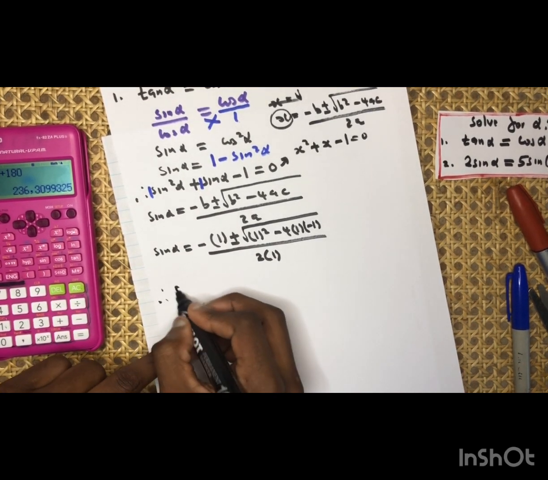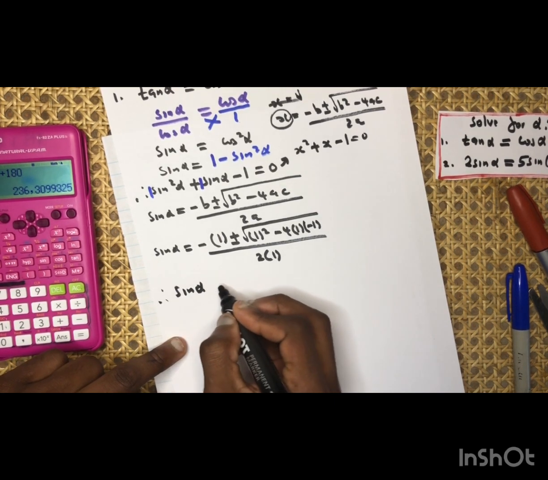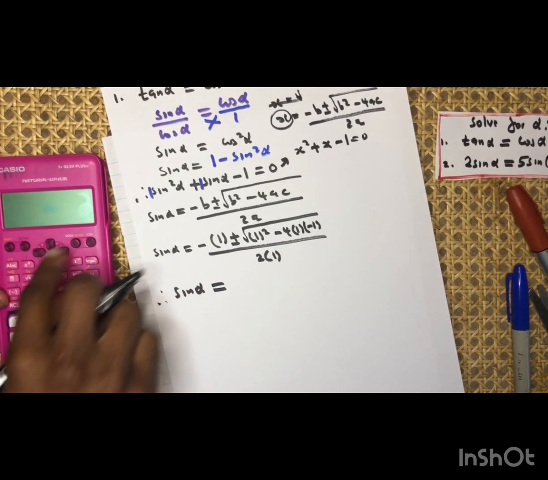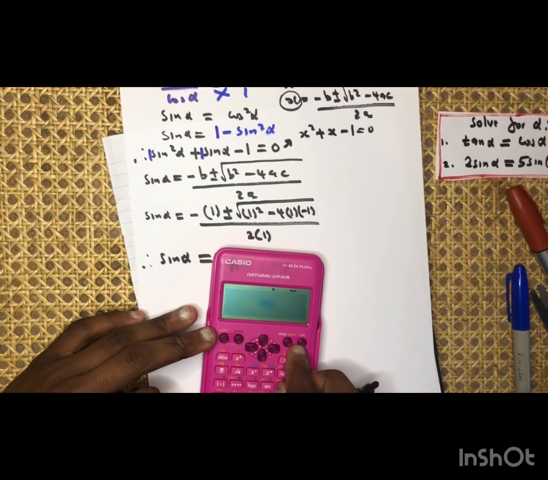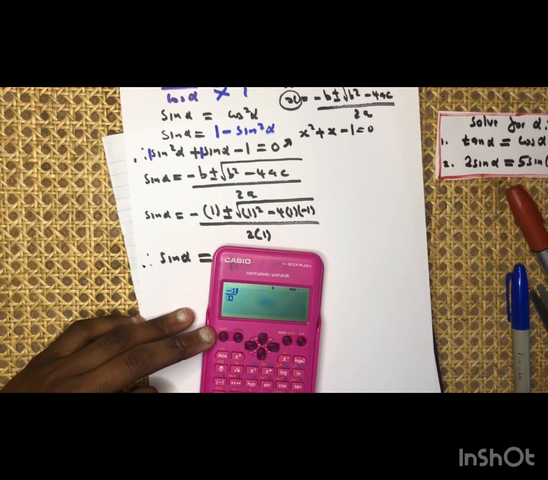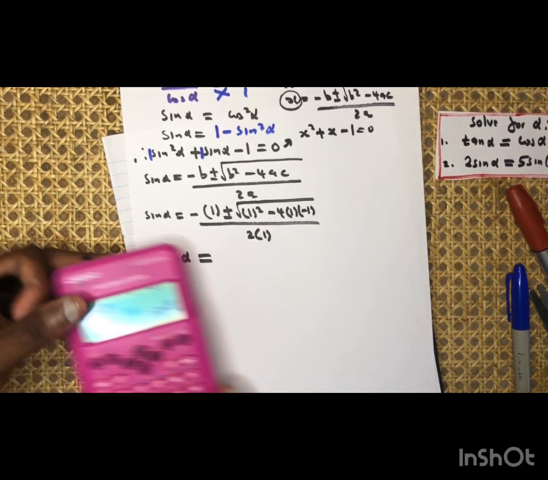So therefore my solutions for sine alpha will be equal to, you can press your calculator, negative 1 plus the square root of 5, over 2, right? We have this, guys.